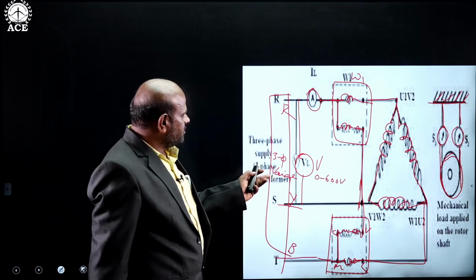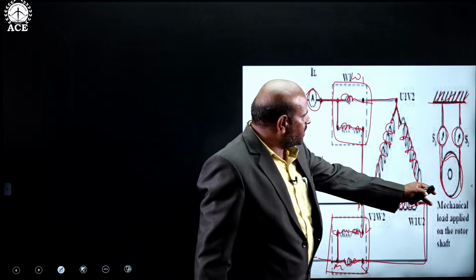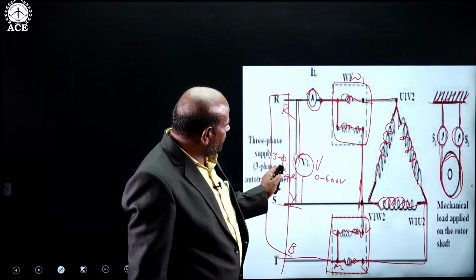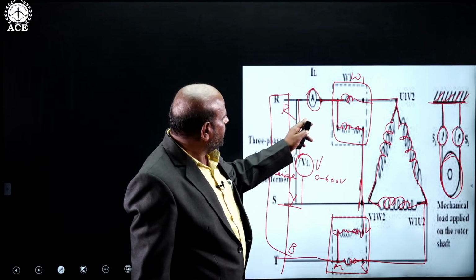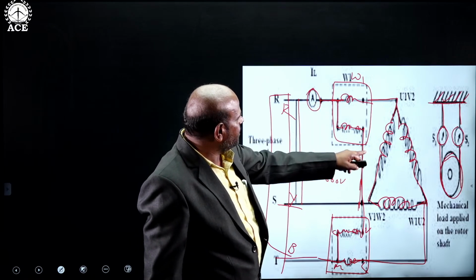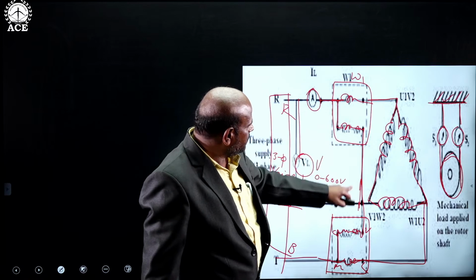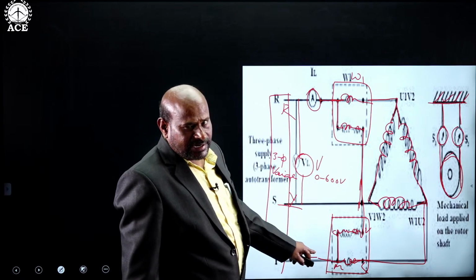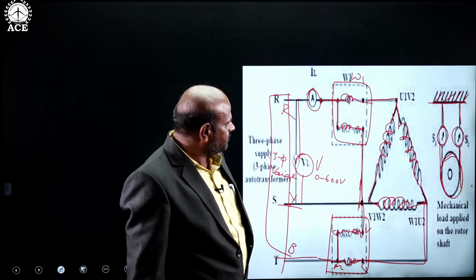In this test, under no load condition, we give the three-phase AC supply with rated voltage and measure the input voltage, the current drawn by the machine, and the W1 and W2 readings. W1 and W2 under no load condition give the core losses.